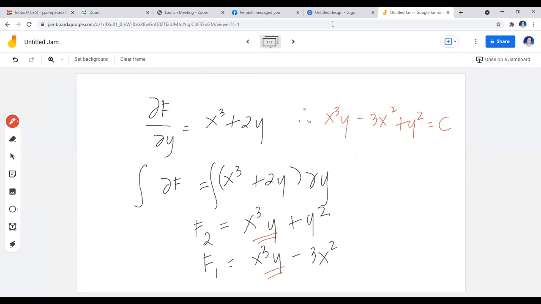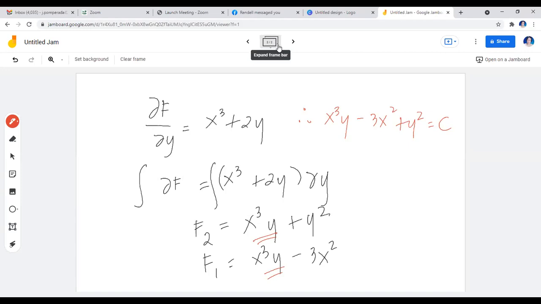Any clarification, any questions? You will have an early dismissal today if you don't have any questions. After this, I will post the recording and then give you sample problems for the three topics discussed already: separable, homogeneous, and exact.